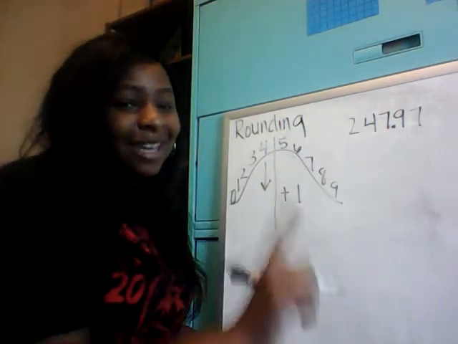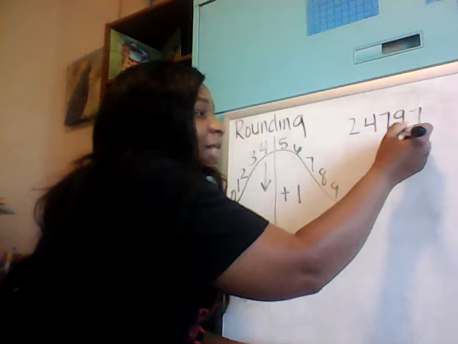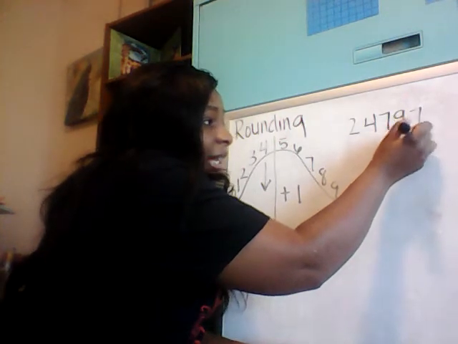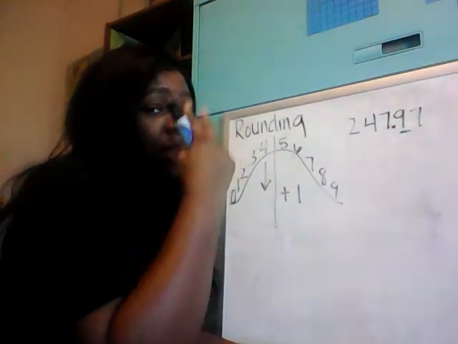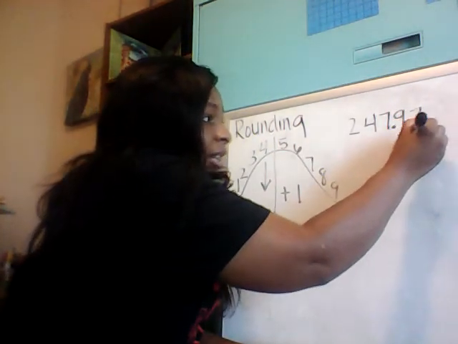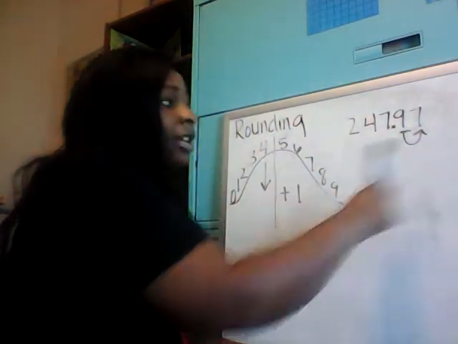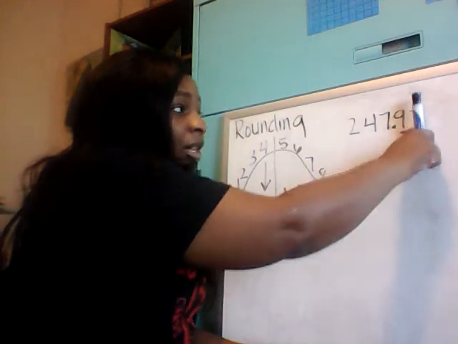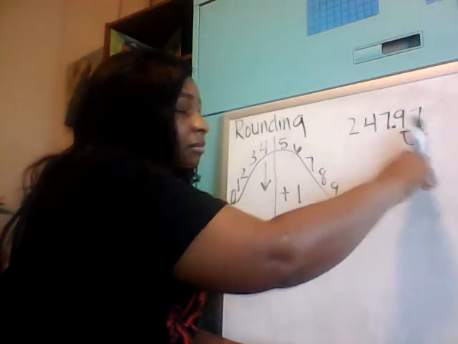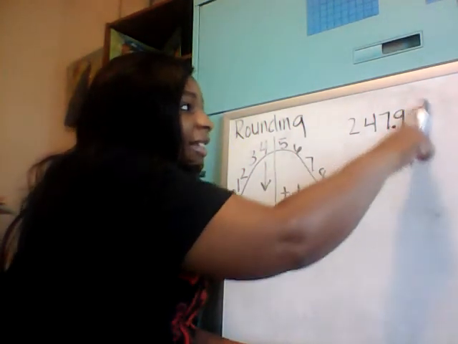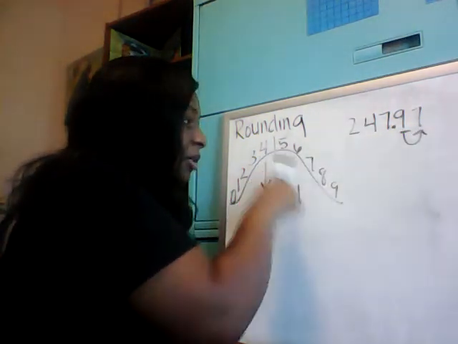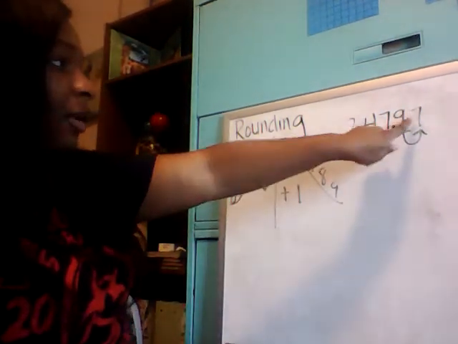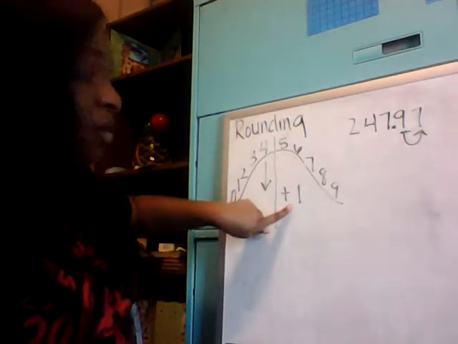Not tens, tenths. So that means we need to underline the tenths place, and we need to look at the digit that is behind it. We now need to find that digit here on our chart. If we look at it, it's on the add one more side.